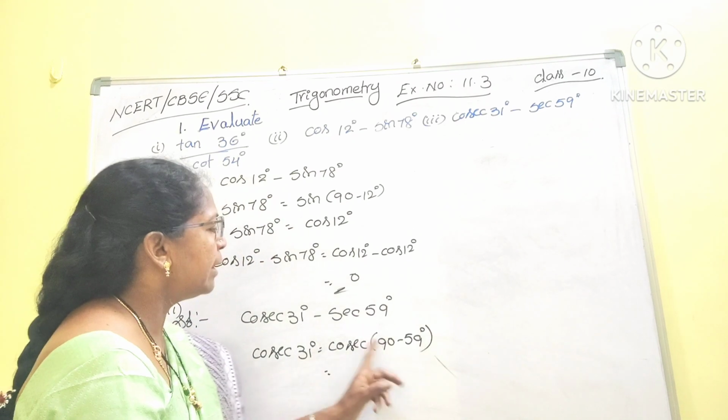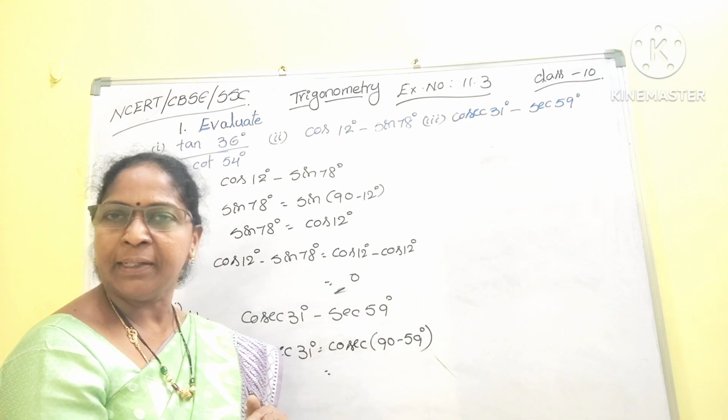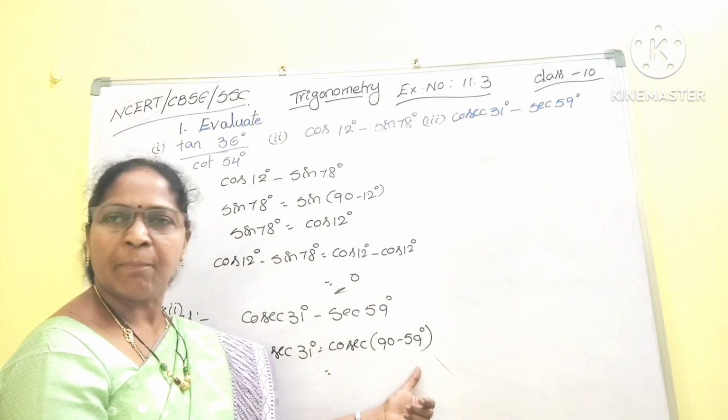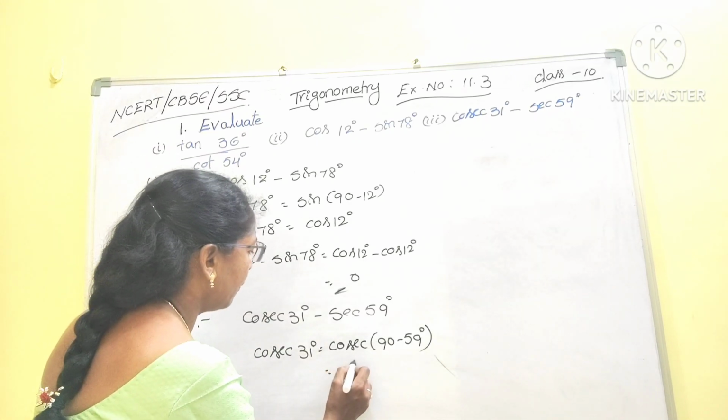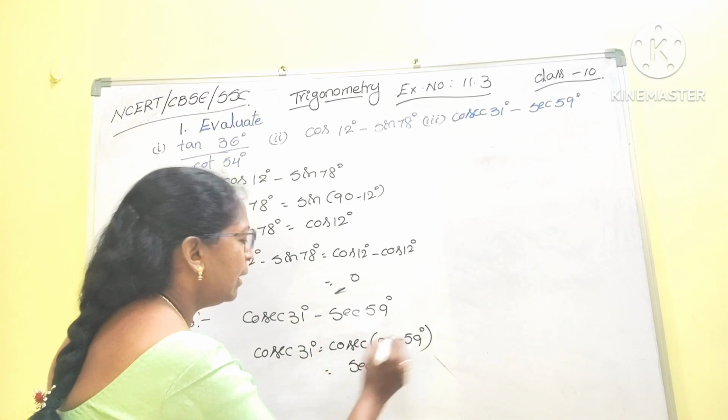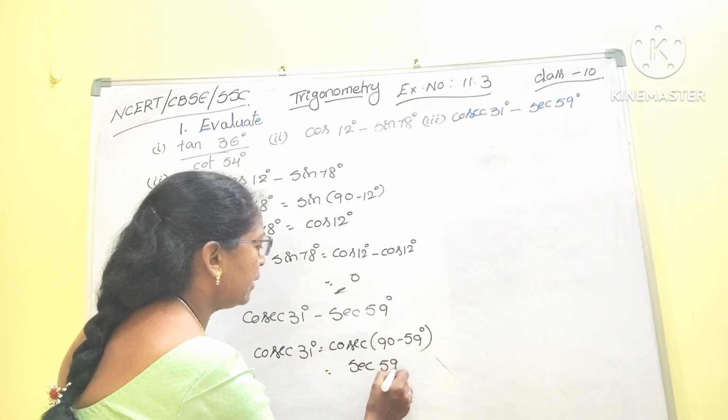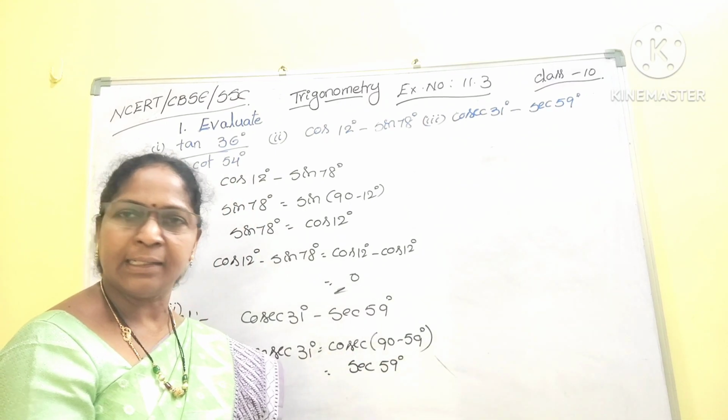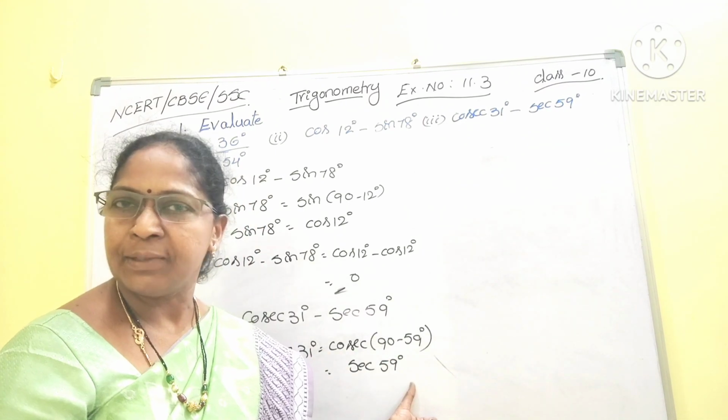Now apply the complementary angles. Cosecant 90 minus theta equals secant theta, where theta equals 59 degrees, so that equals secant 59.